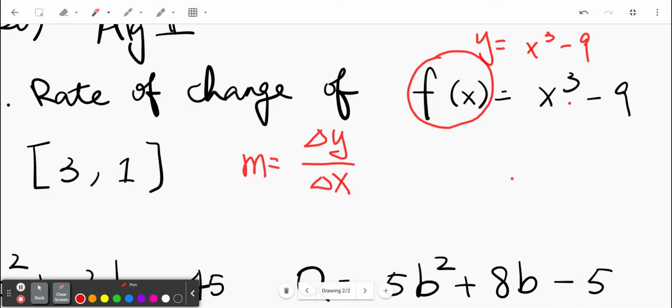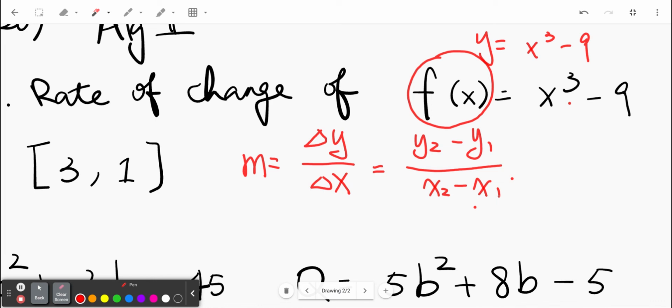Okay? So remember, delta y is y2 minus y1, and delta x is x2 minus x1, right? So here, the only difference we have is instead of a linear function, we have a polynomial. We have the power degree is higher than 1, correct?